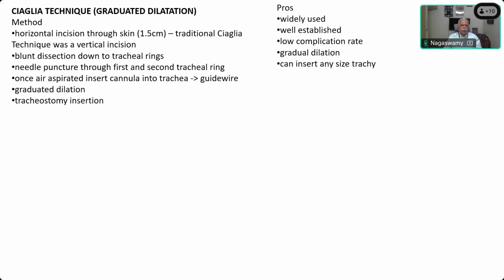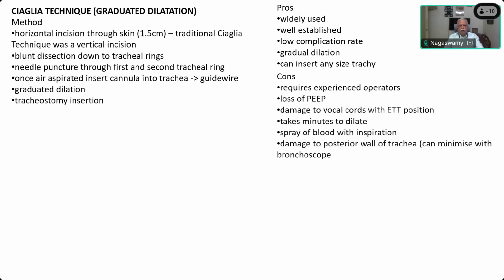Then you do a blunt dissection up to the tracheal ring, needle puncture through the first or second tracheal ring, and once you get free aspiration of air, introduce the guide wire, do a graduated dilatation, and use the tracheostomy tube for insertion.